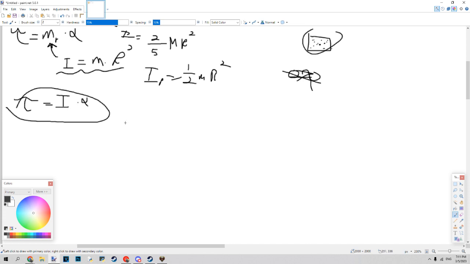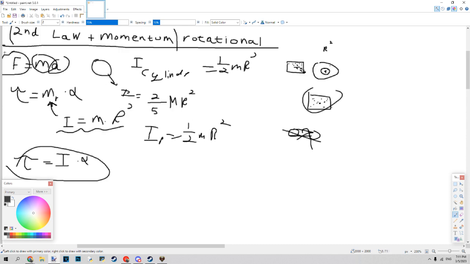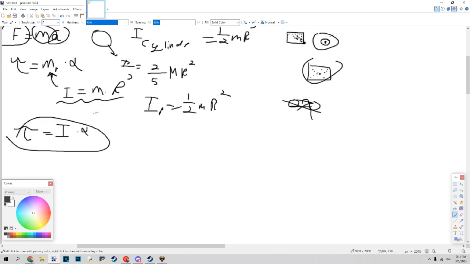Alright, so as I was saying, now that we've gotten into the mindset of making previously translational subject matters like force, mass, acceleration, all that, rotational, we can apply that across everything we've learned thus far.